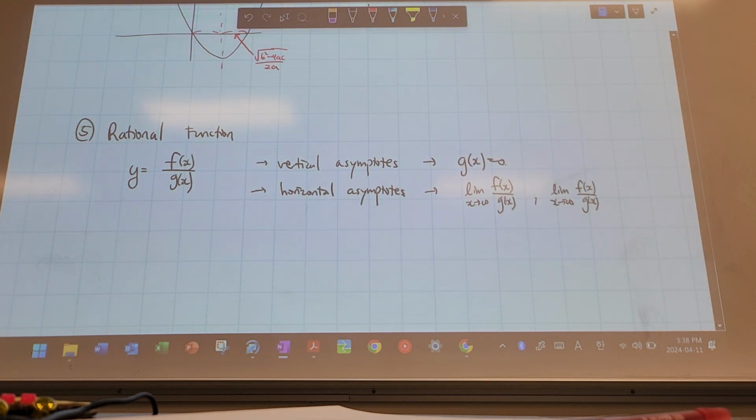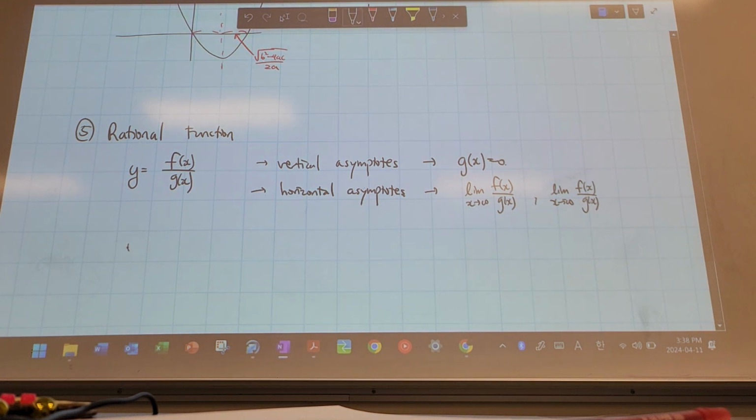Okay. Another thing to think about when we have the rational function is which side is heavier and which side is lighter. Heavier and lighter means if you have a rational function with polynomial functions on the top and bottom, then whichever side has the higher degree.